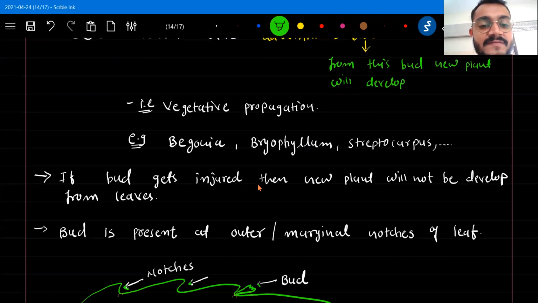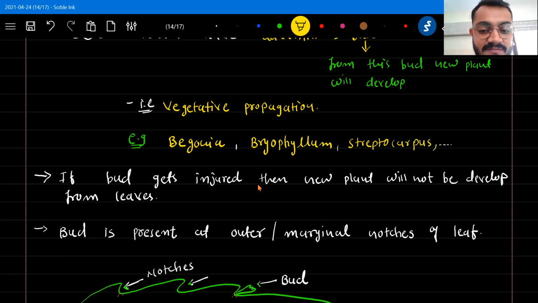This is also called vegetative propagation. Examples are begonia, second is bryophyllum, and the third one is streptocarpus, etcetera.